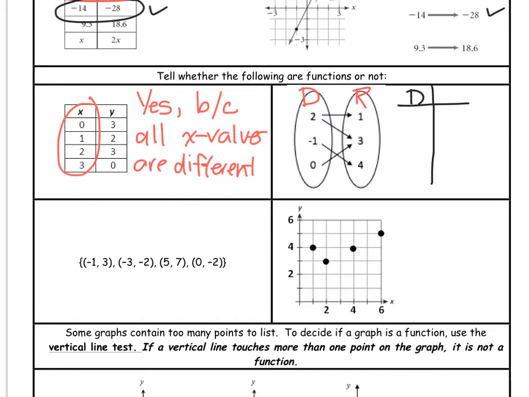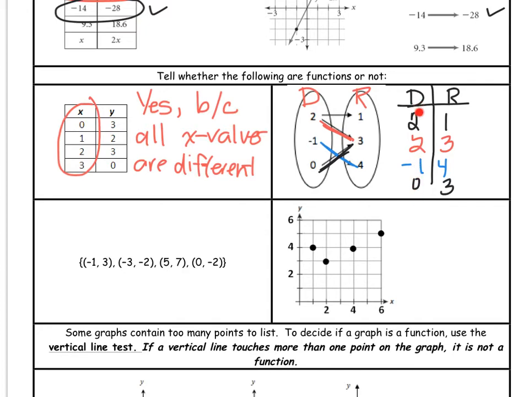For our domain, the first one is 2, and that gets mapped to 1. So that's our first ordered pair, (2, 1). 2 also gets mapped to 3. The -1 gets mapped to 4. And the 0 gets mapped to 3.